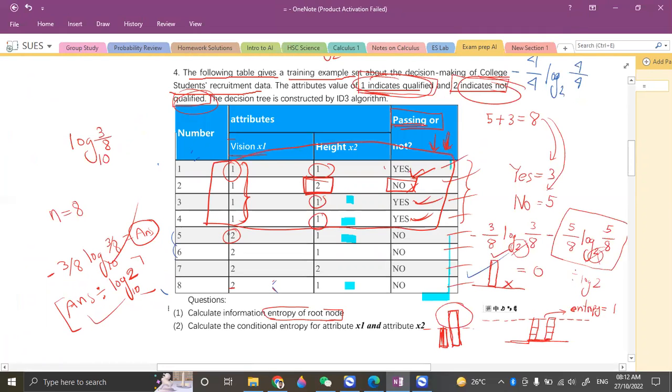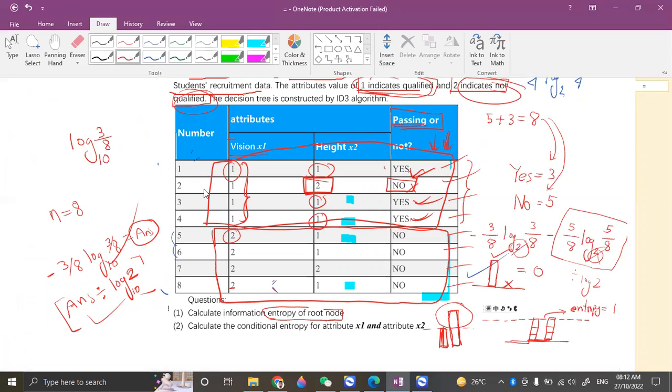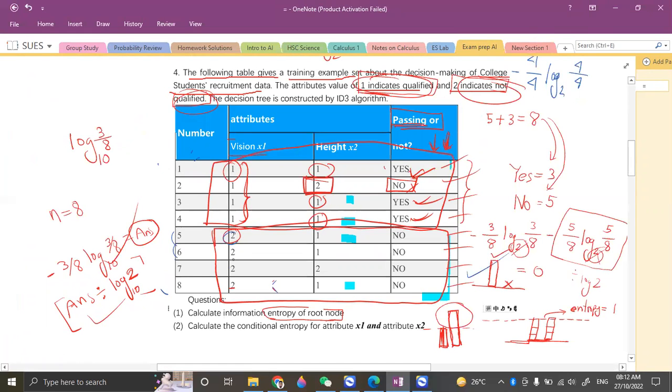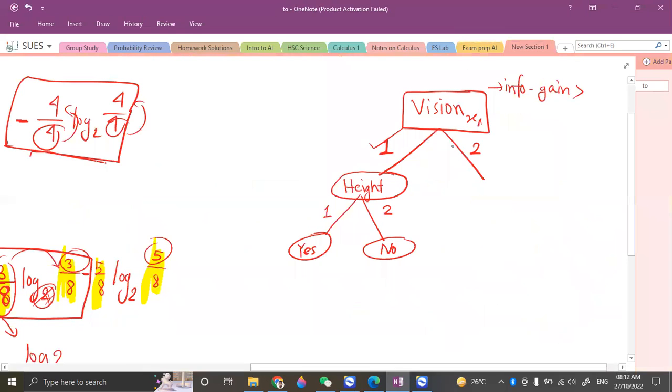Okay. And now let's consider the remaining 4, because their vision is not qualified, right? Not qualified too. Now let's see if they are selected or not. So we go to the next branch here.